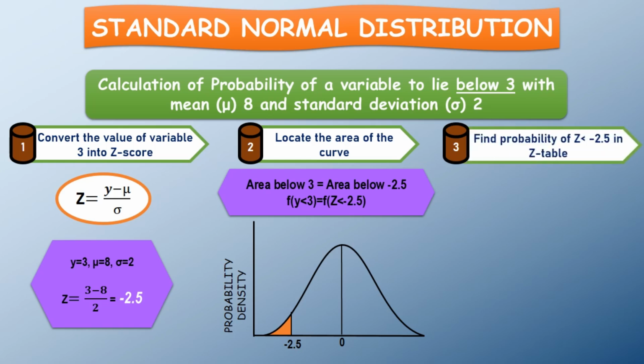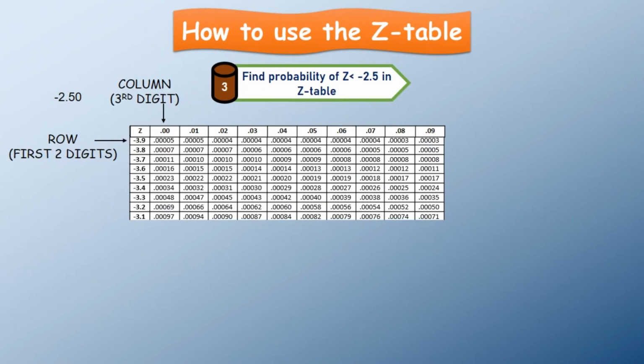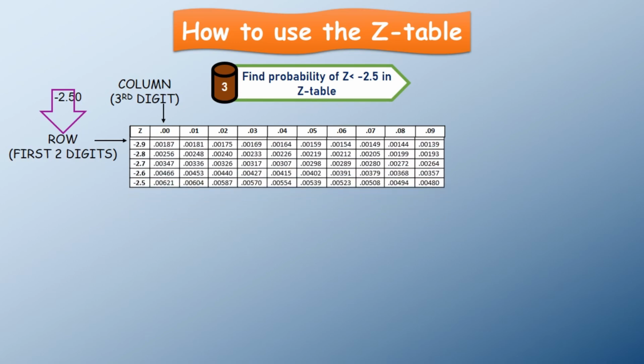Step 3. Find the probability of the z-score, that is minus 2.5, in the z-table. In the z-table, the first 2 digits of the z-score are found in the rows and the third digit in the column. So how exactly do we use the z-table? For a z-score of minus 2.5, we will look for minus 2.5 in the row.